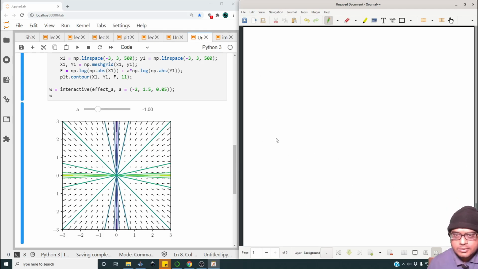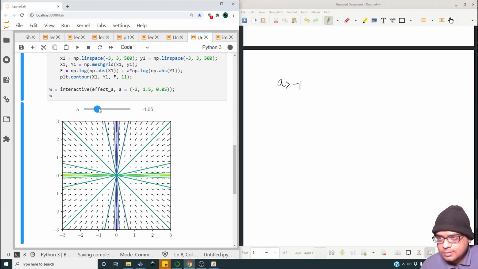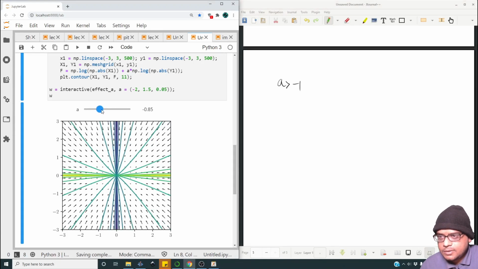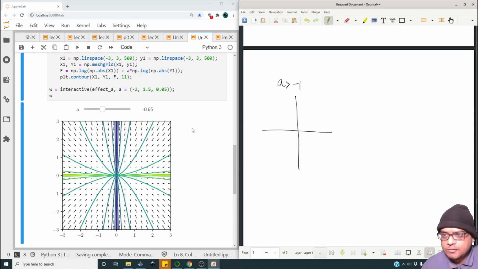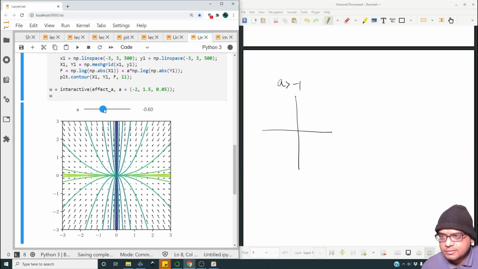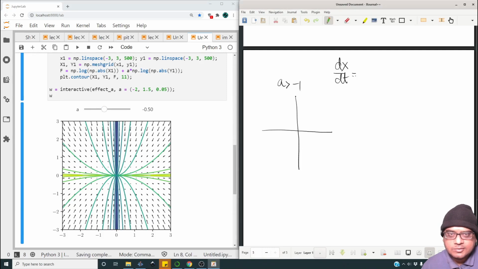Now what about a greater than minus 1? Okay, see how the curves are bending. So when a is greater than 0, say a is 0.5, then dx dt becomes equal to 0.5x, while dy dt becomes equal to minus y. So x is attracting slower than y.